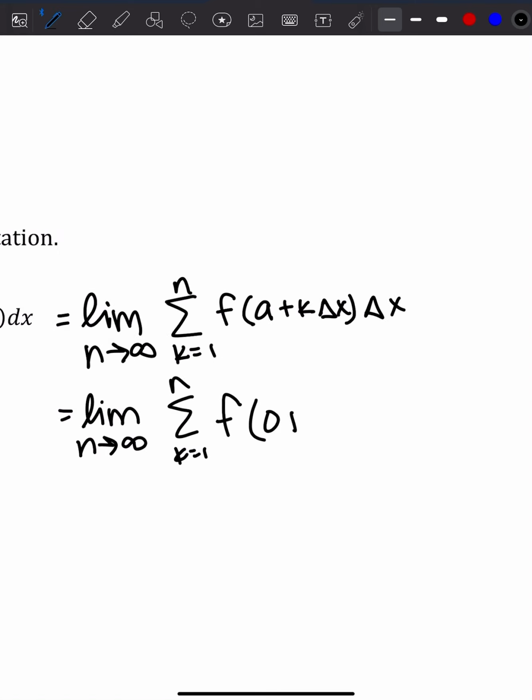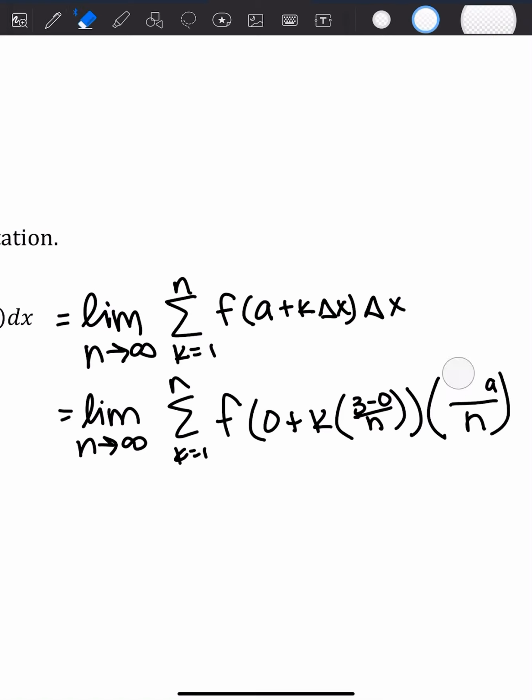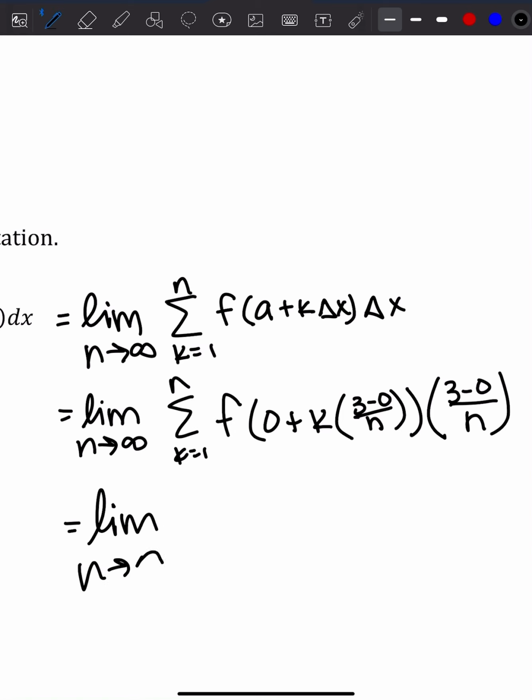So 0 plus k times delta x, which is b minus a over n, times delta x again, so b minus a over n, and we're going to plug in our values, so 3 minus 0. So we have the limit as n approaches infinity of sigma, k equals 1 to n.